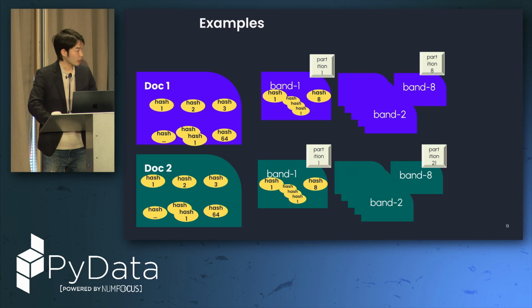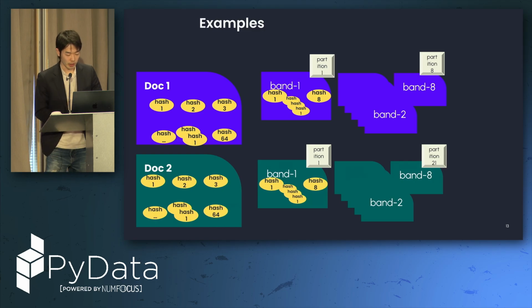So assume that we have two documents, purple and green. Each document contains 64 MinHash after a shingling step, and then we're going to split them into 8 different bands, where each band contains 8 MinHash values. We're going to take a hash on top of these 8 MinHash values, and we're going to call it the band hash.